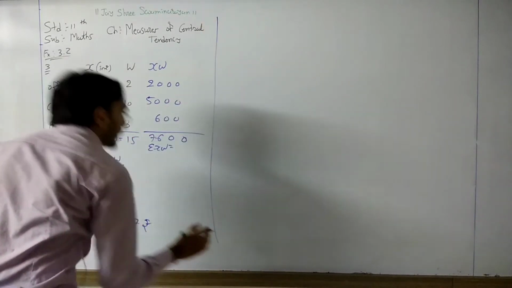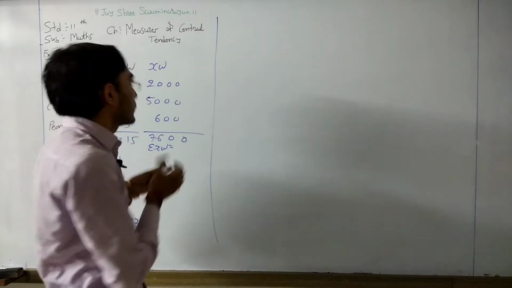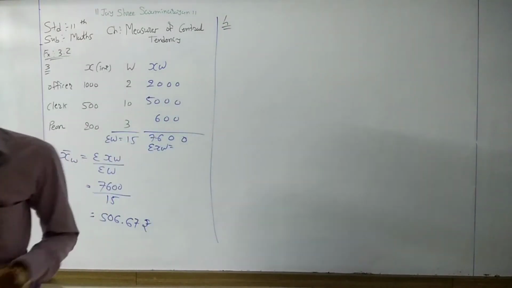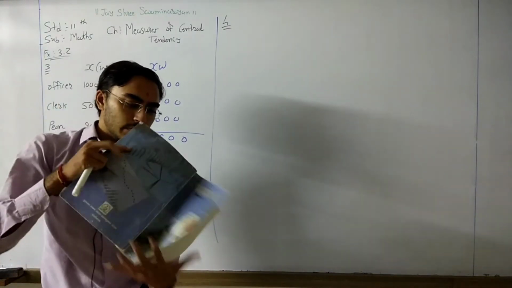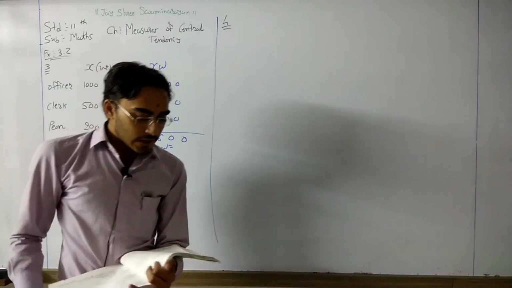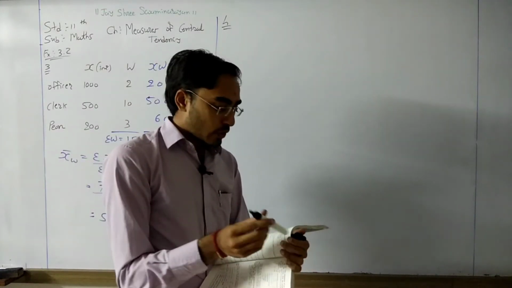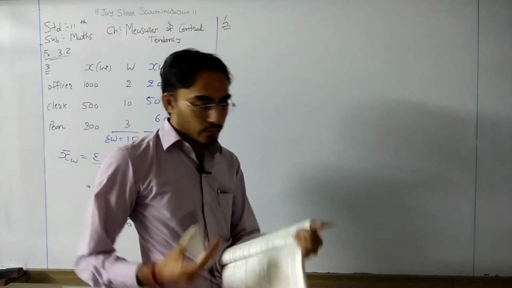Okay. Then number 4. First of all, we need to read the question. Here in question number 4, the mean marks of a student in 7 theory papers is 62.